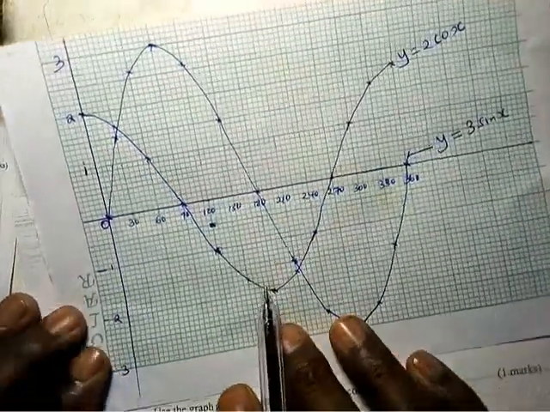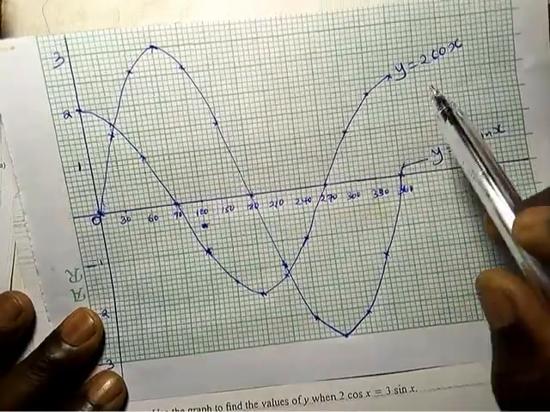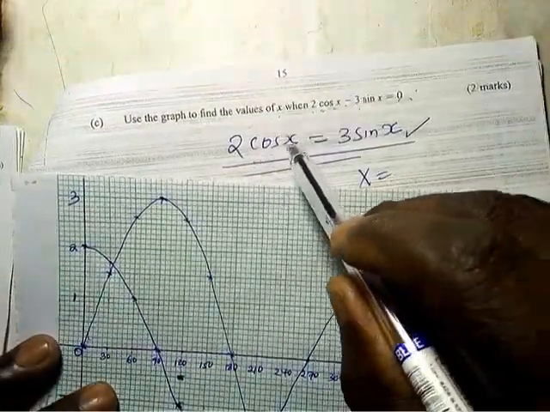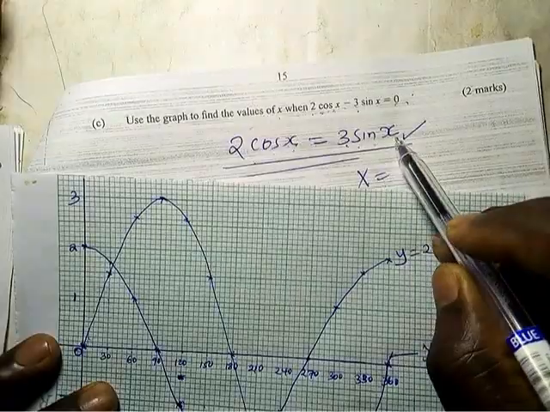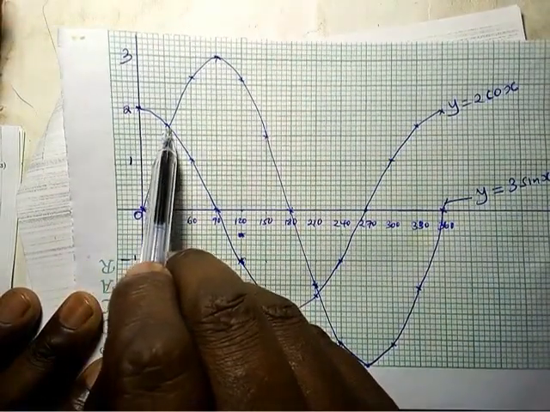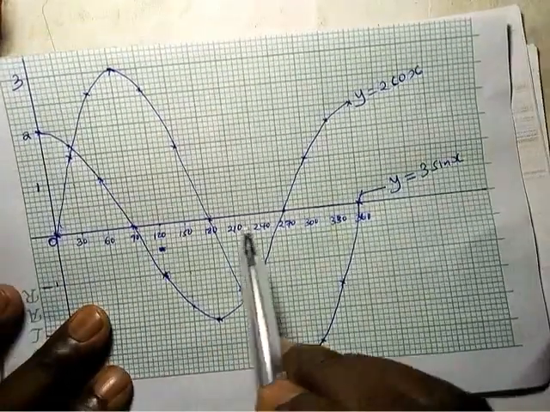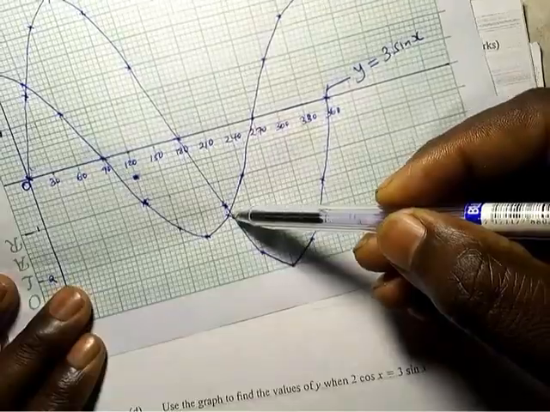So where the two curves meet, that's where 2 cos x is equal to 3 sin x. So that point is this point here. You will just read the value of the angle, the x, where they meet.